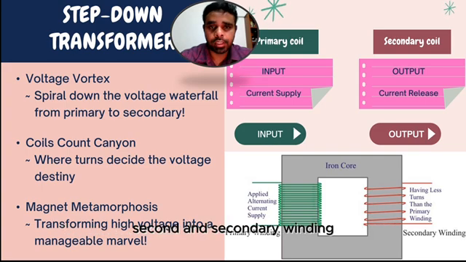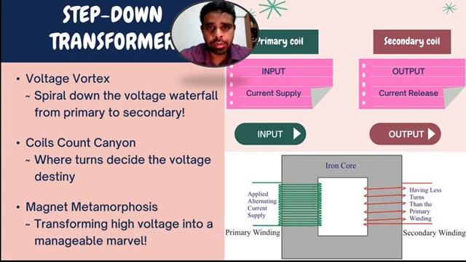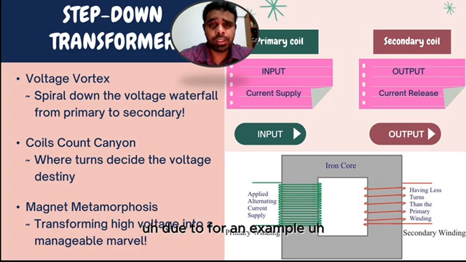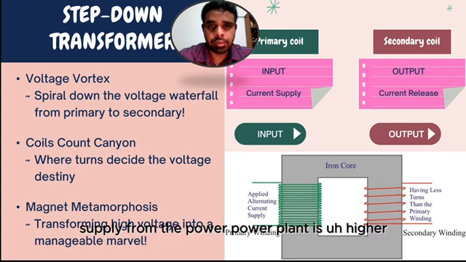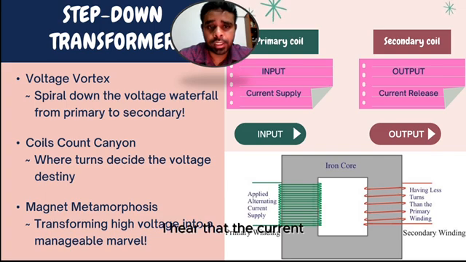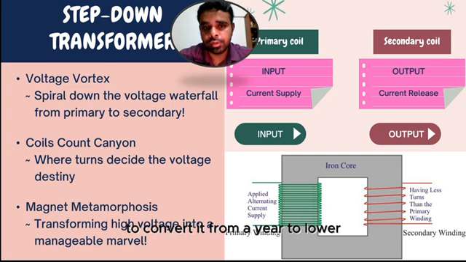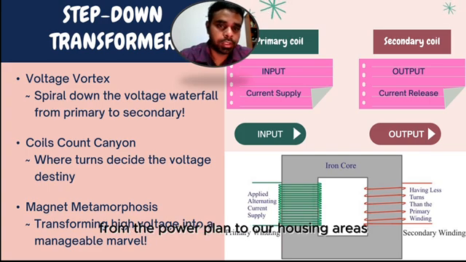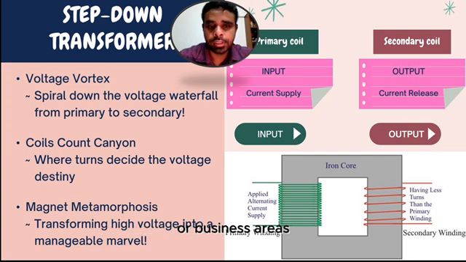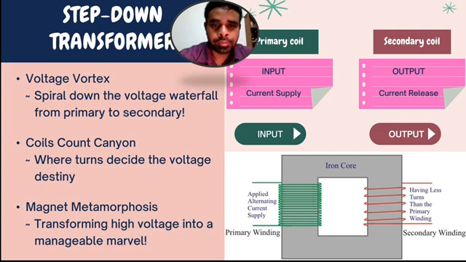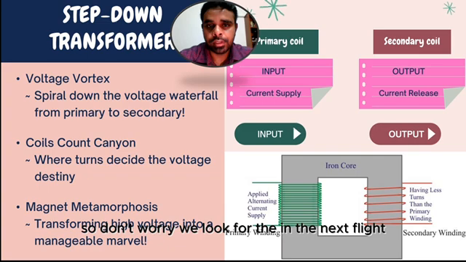For example, the current supplied from the power plant is higher than the current we use in houses. So it uses a step-down transformer to convert it from higher to lower, from the power plant to our housing areas or business areas. So don't worry, we will look further in the next slide.